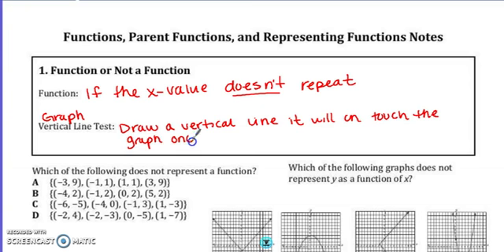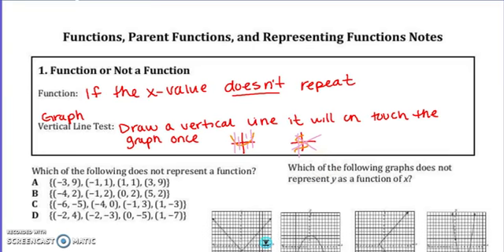And what I mean by that is if you have, let's say, two different graphs here, and this guy goes like this, and this guy goes like this. If I were to draw a vertical line here, any of these vertical lines, it's only ever going to hit in one spot. Once. But if I draw a vertical line here, it's going to hit 1, 2, 3. That would not be a function.